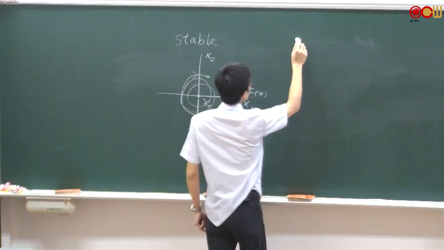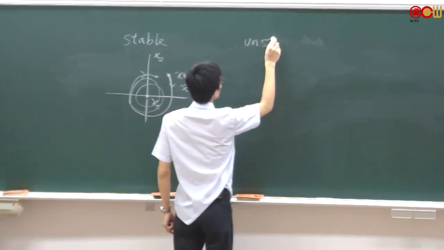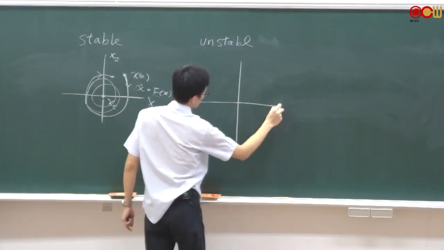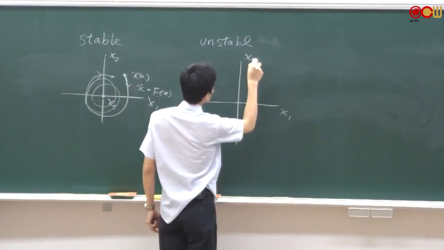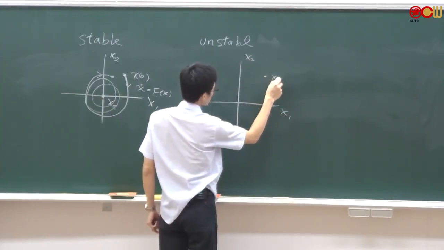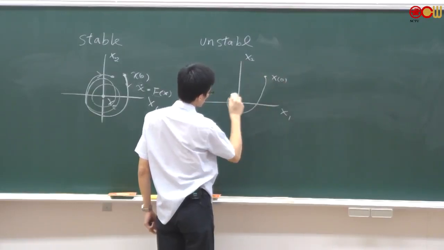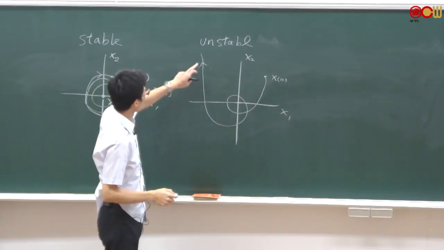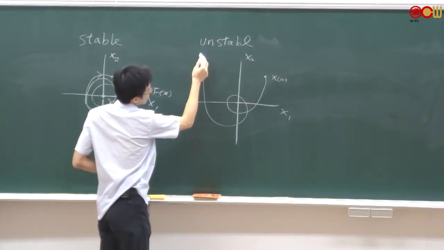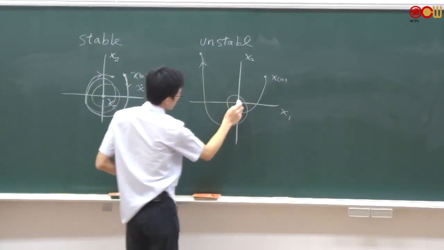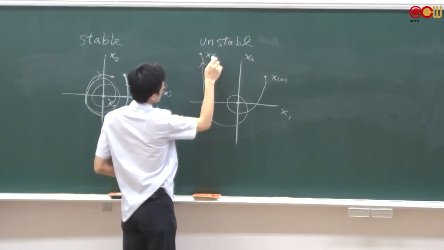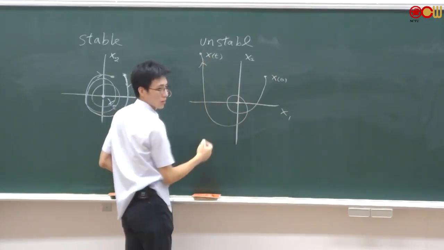For unstable, start from here, you can go anywhere and diverge, right? And here is not bounded.